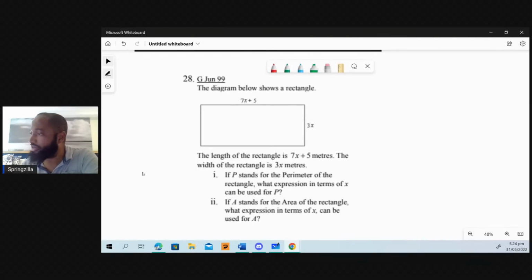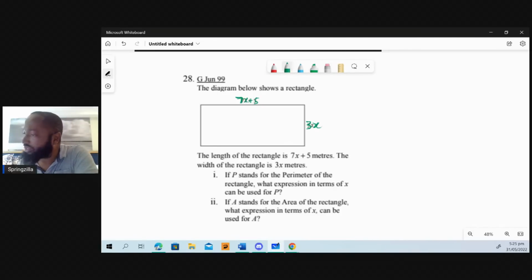So the diagram below shows a rectangle. The length of the rectangle is 7x plus 5. The width is 3x. P stands for the perimeter of the rectangle.